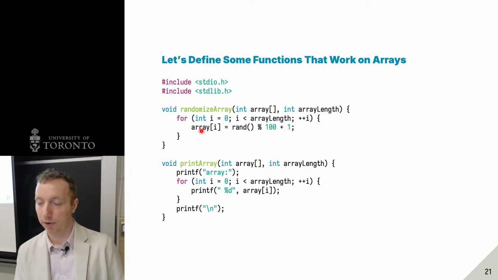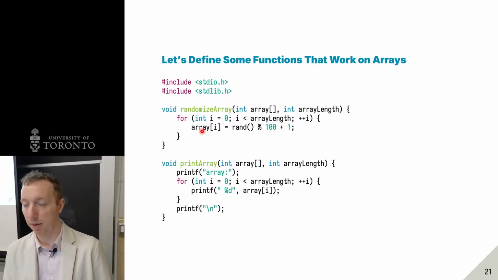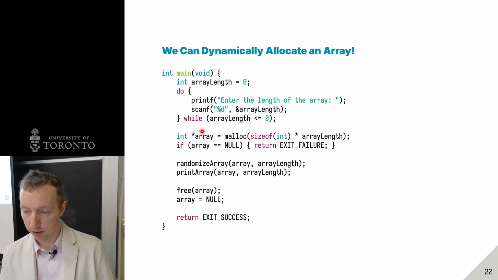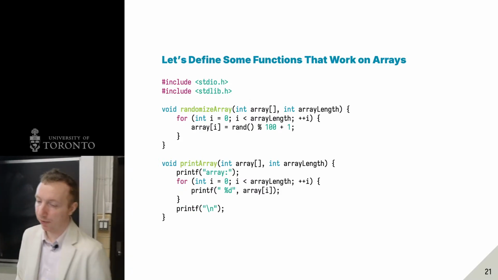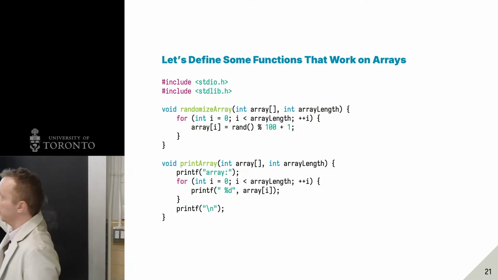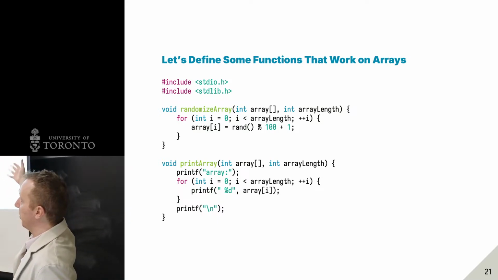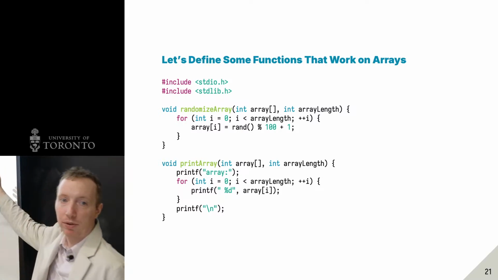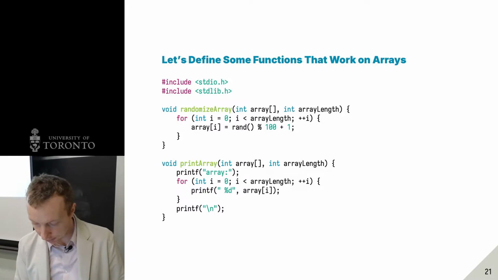Randomize array would go ahead and initialize every single value in the array to some number between 1 and 100. These are functions we have written before, that would randomize an array and print an array, nothing that special here, nothing new.